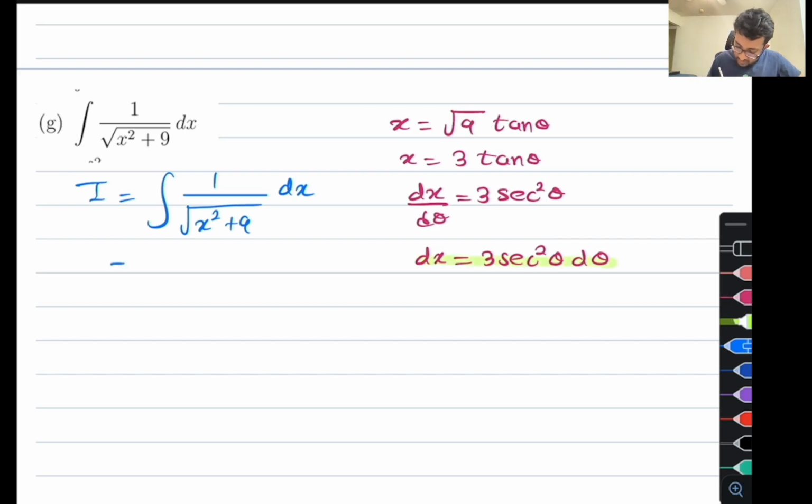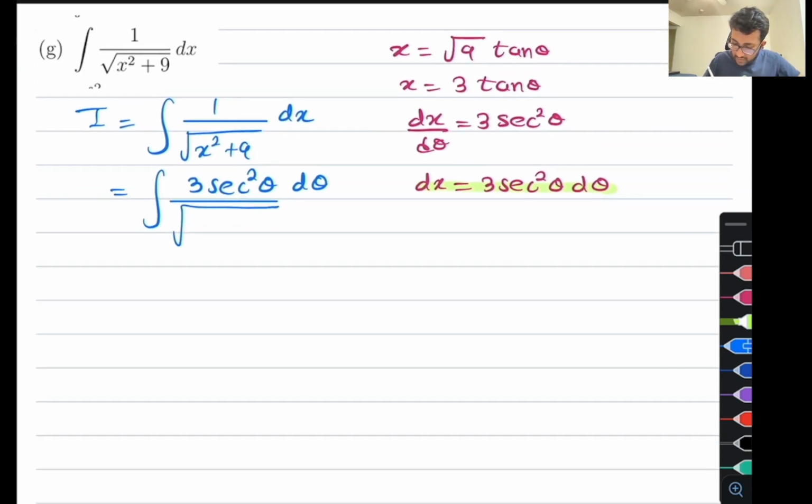Okay, so my I is going to be, instead of dx I can put 3 secant squared theta d theta, and my denominator is x squared plus 9. So x squared is 9 tangent squared theta plus 9.